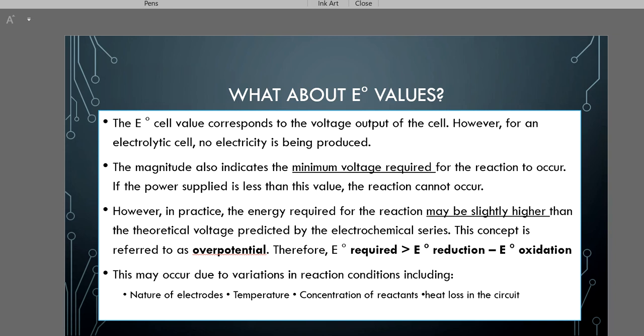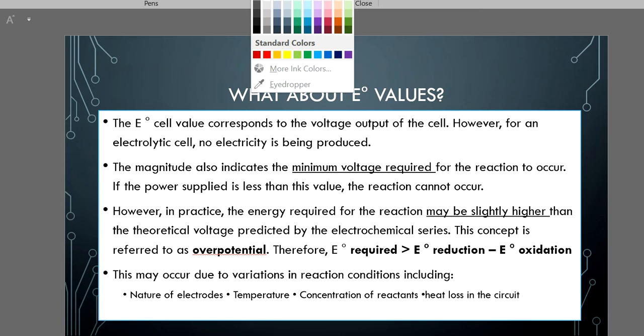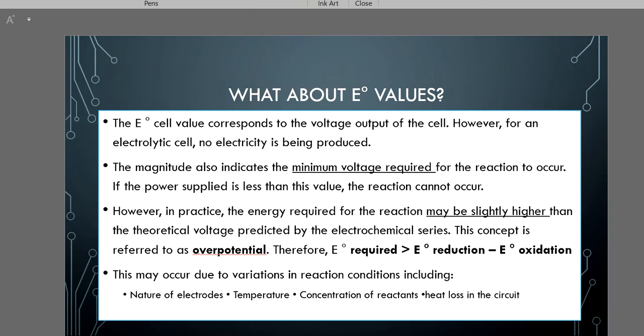What's probably worth being mindful of is this concept of overpotential. Basically that means, as you can probably imagine, there will be some small fraction of energy lost through the transformation of energy within the cell. The concentration of reactants, the purity of reactants, the type of electrodes, and all sorts of things can have a little bit of an effect on how much energy is required in the cell.